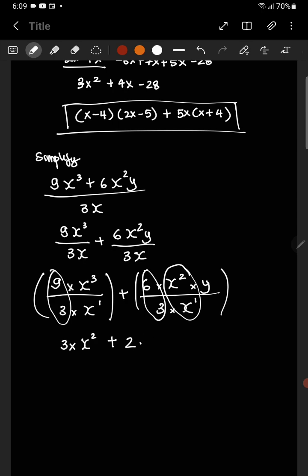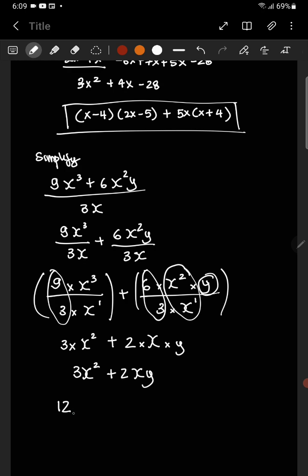So this one times x, and then the remaining one is times y. Can you simplify this one? Yes, of course. It will be 3x to the power of 2 plus 2xy. For the exercise, I will give you this one.